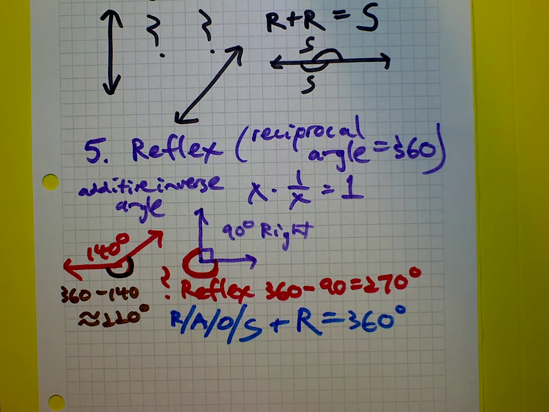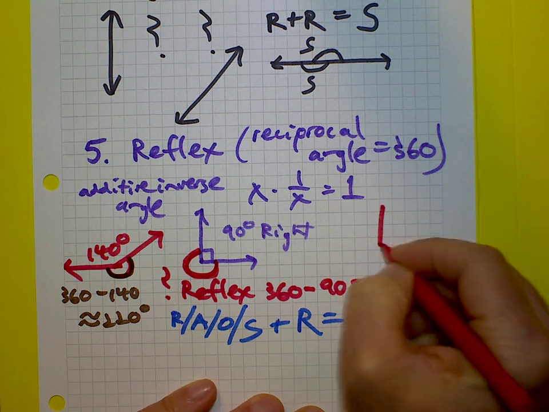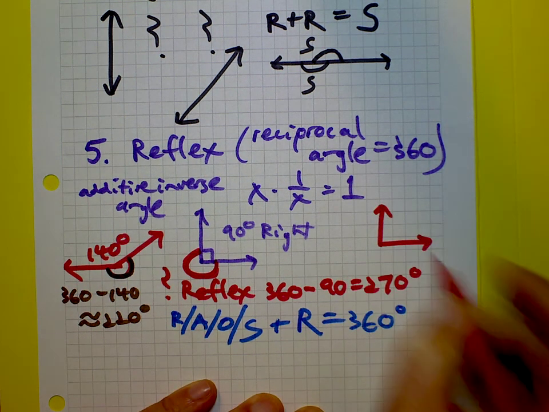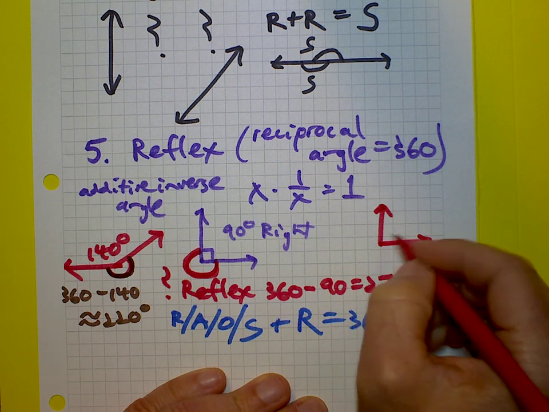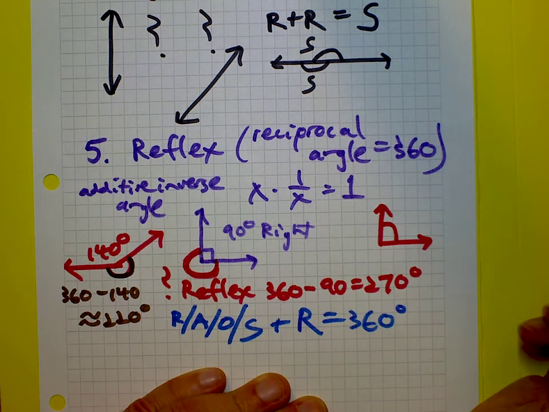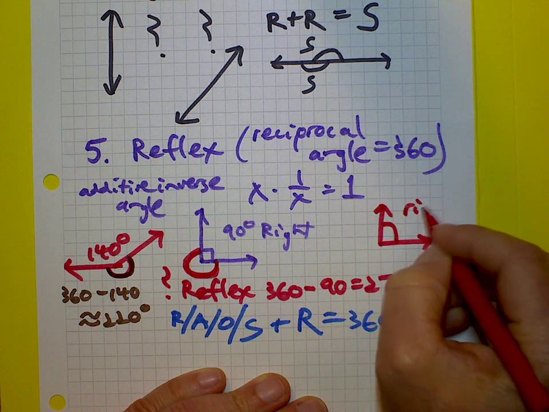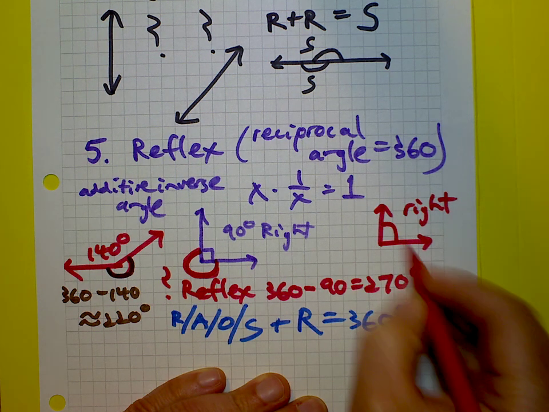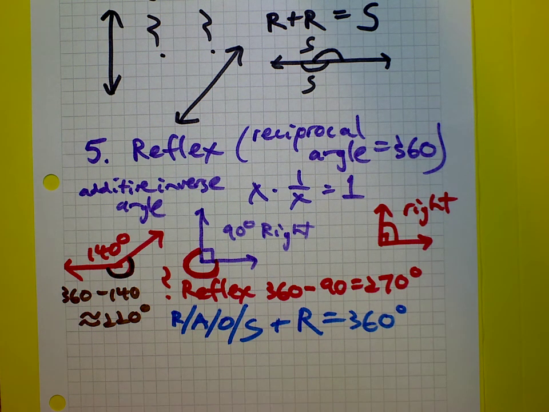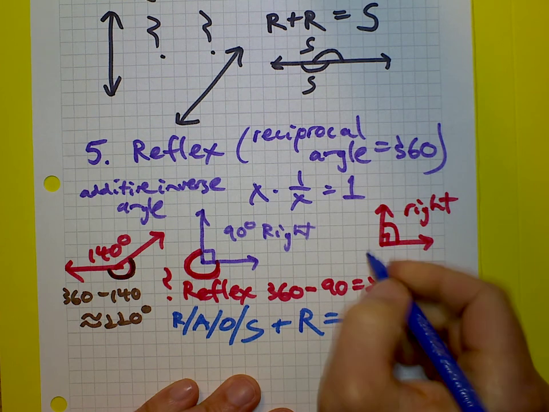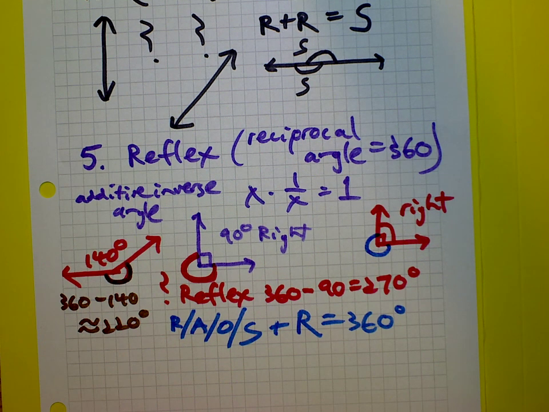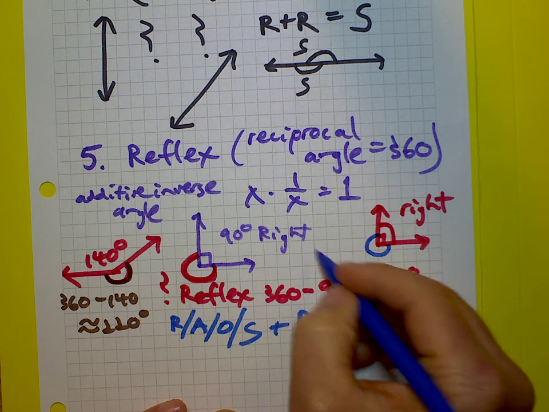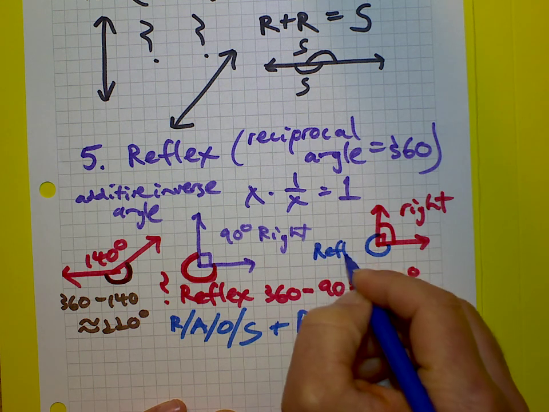Like if you're taking a vocab test, not that that would ever happen in math class, right? And you're asked about this one, you would probably say that's a right angle, especially if I had that little guy. But if you were asked, hey, what's this angle? And your choices were right angle, obtuse, acute, and reflex, you would say reflex.